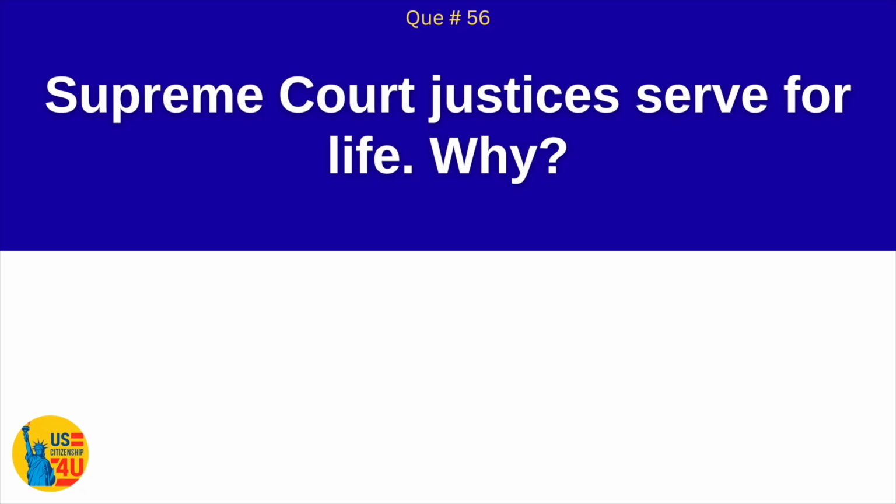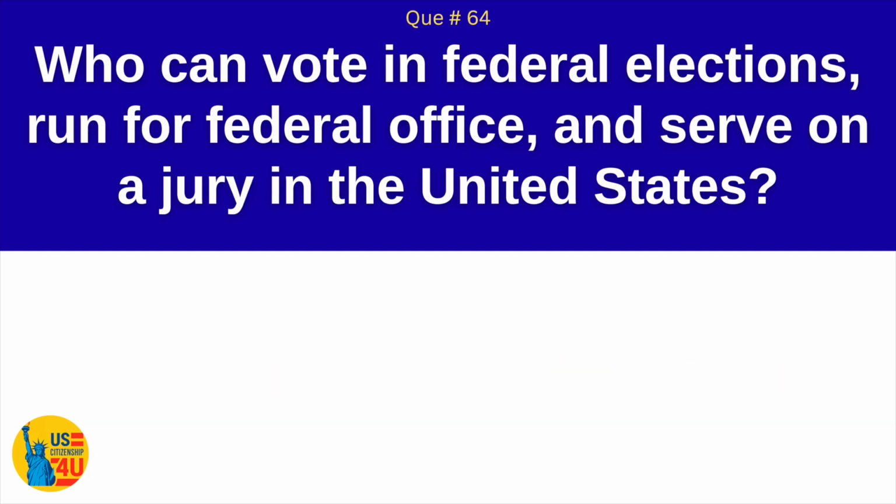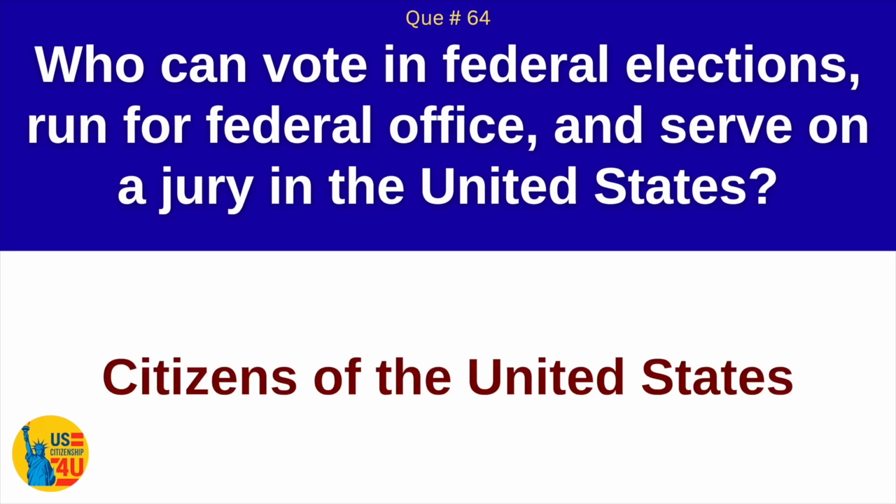Supreme Court justices serve for life. Why? To be independent of politics. Who can vote in federal elections, run for federal office, and serve on a jury in the United States? Citizens of the United States.